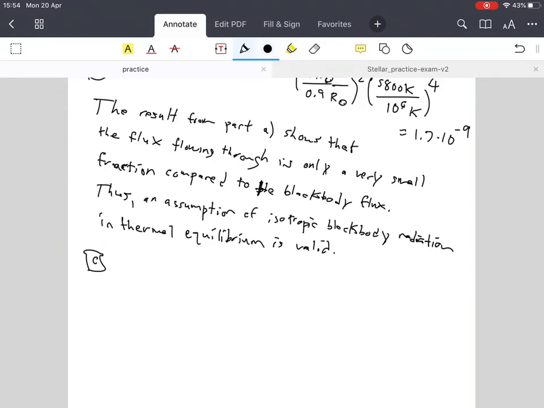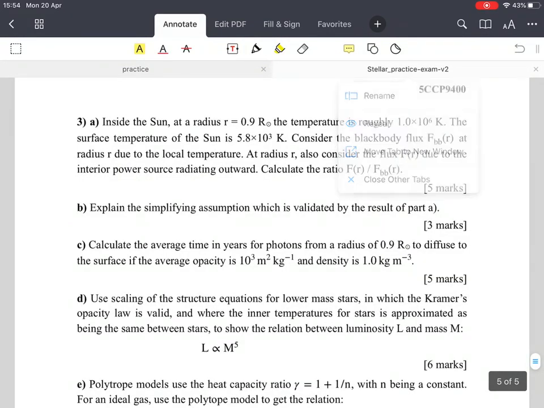Okay, now finally we have part C. And what is part C asking? It's saying, calculate the average time in years for photons from that radius of 0.9 solar radius to diffuse to the surface if the average opacity in that region is 1,000 meters squared per kilogram and the density is 1 kilogram per meter cubed.